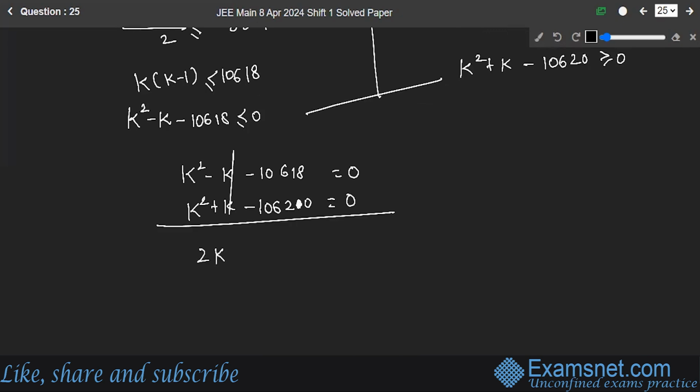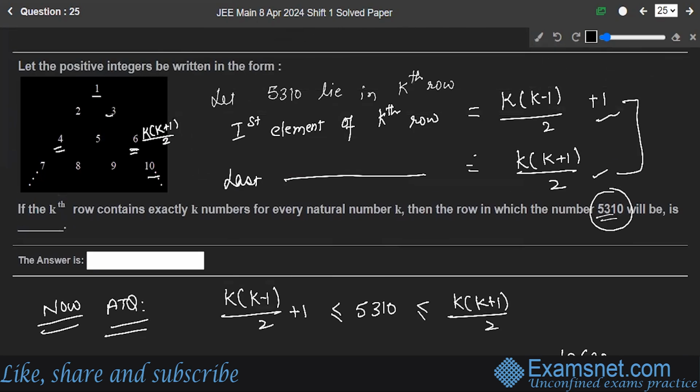You will have 2k square is equal to 21238, or k square will be equal to 10619. K will be equal to the root of this, which will be 103. So this is the value of k, 103. That's it. So it lies in the 103rd row. Hope you got that. Let's move to the next question.